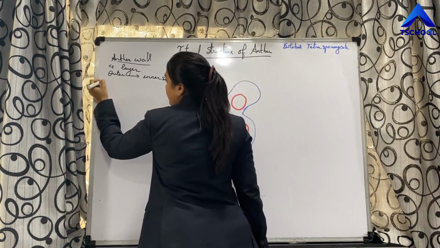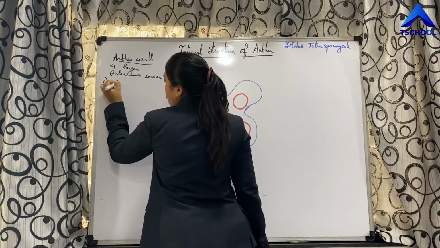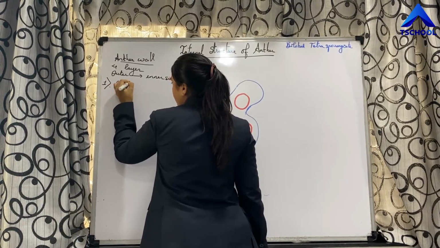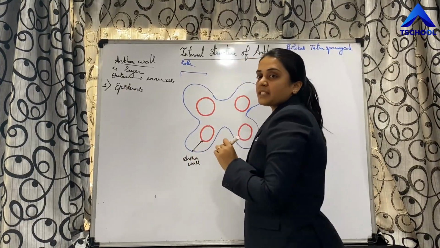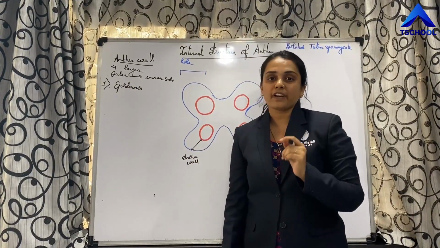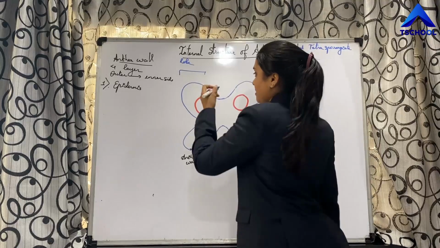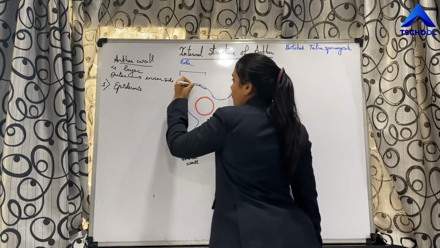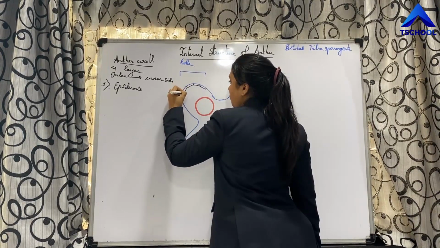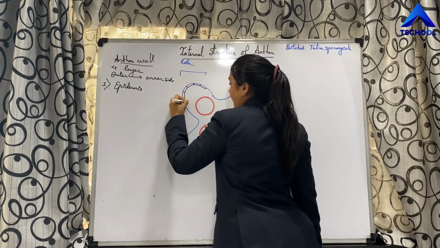The first layer is called epidermis. This epidermis layer is made up of flat epidermal cells, forming the outer layer. So the outer layer of the anther wall is made up of flat cells.